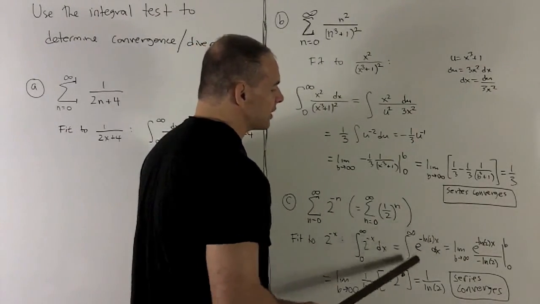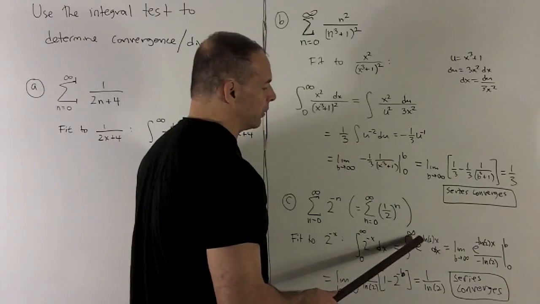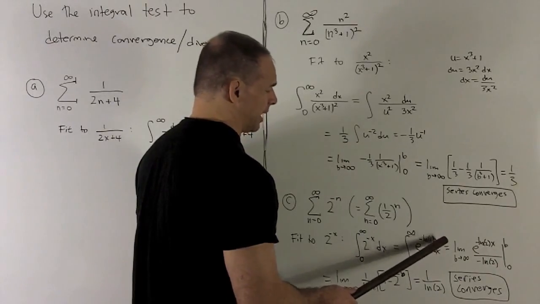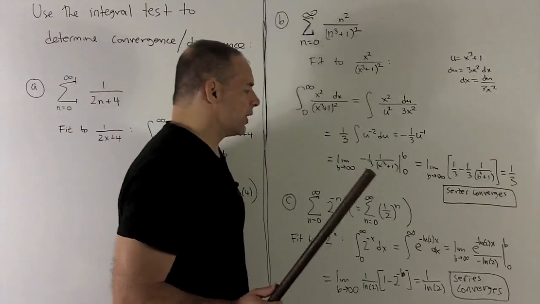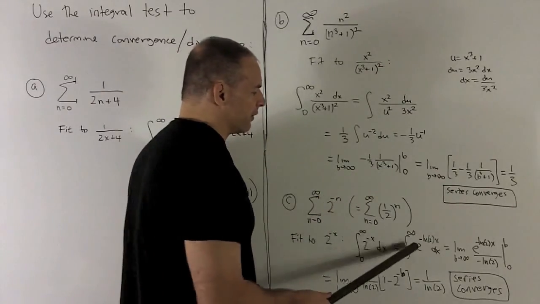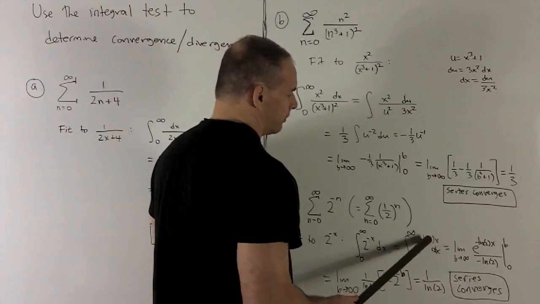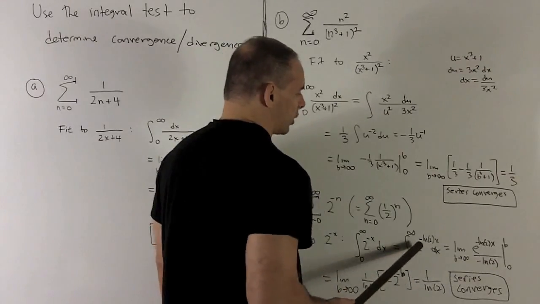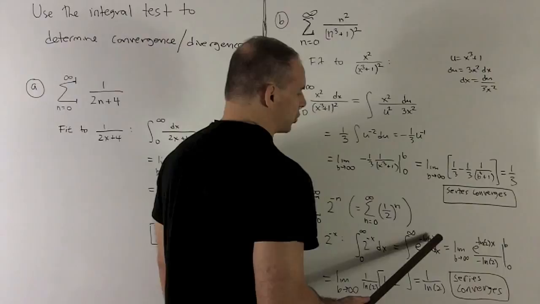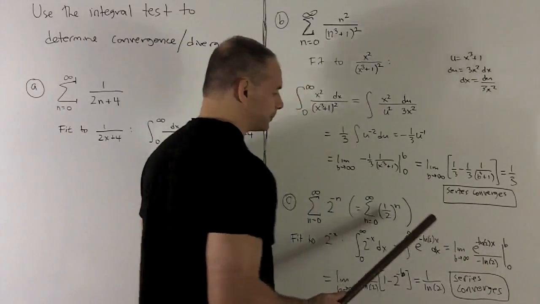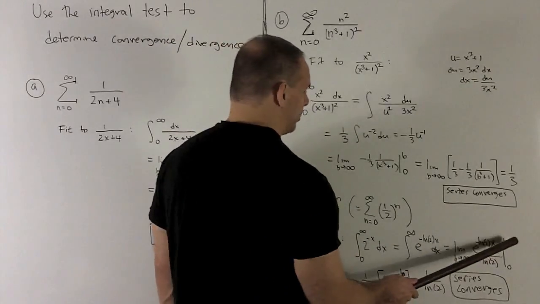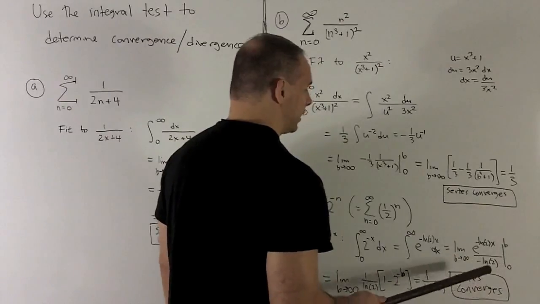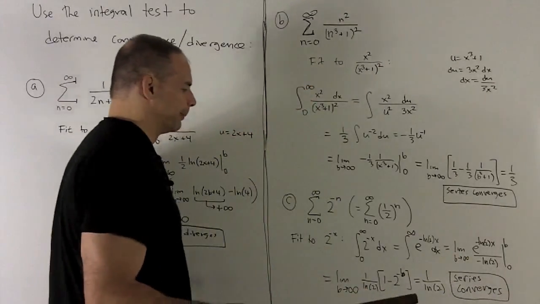The antiderivative of this thing, you're going to do a u substitution with u equal to minus natural log 2 times x. And the upshot when you do that substitution is that the antiderivative will turn into, take the top, throw away the x, we divide by that, and then you're just going to be left with your e to the minus natural log 2 of x. We evaluate at b and 0, take the difference, take the limit as b goes to infinity.